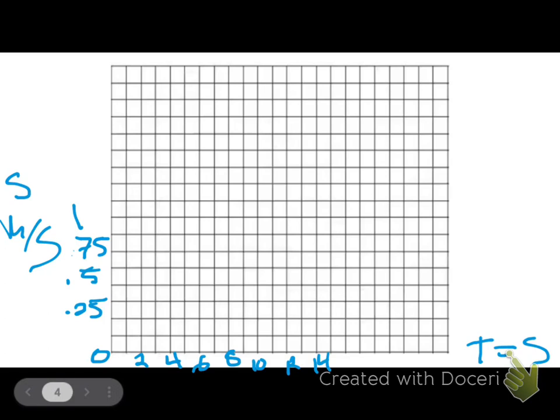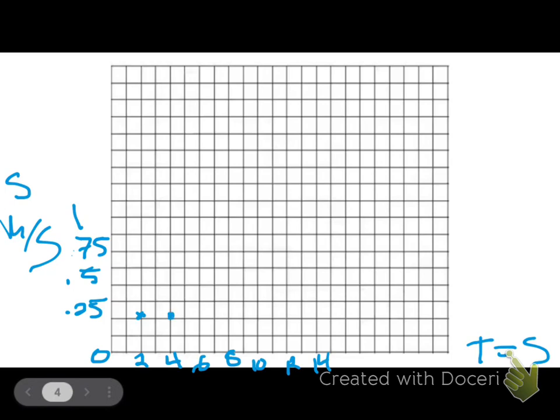Okay, so for our course, for the very first one, how fast were we going at the first time interval? 0.25. So then we're just going to go ahead and put a dot at 0.25. What about at our second time interval? Same thing, 0.25, right?